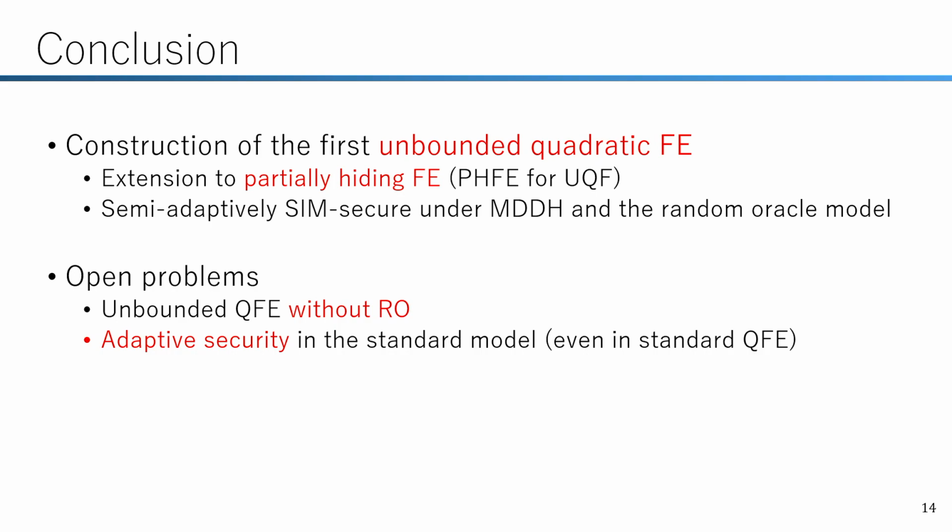The most interesting open problem is that since our scheme relies on random oracle, how to remove the random oracle is a very interesting open question. Also, our scheme satisfies only semi-adaptive security, so achieving adaptive security in the standard model is also an interesting open problem. Even for standard quadratic FE, adaptive security is still elusive.